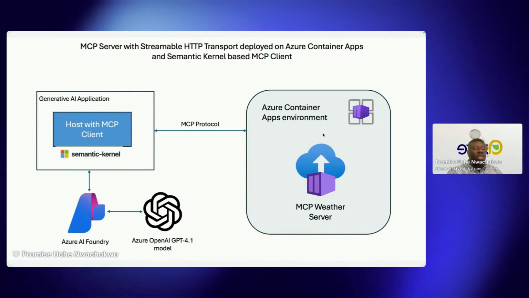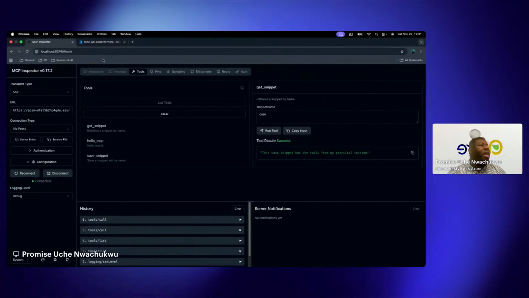Now, to show you the first angle, I want to firstly use the Model Context Protocol Inspector tool to interact with this weather app. To achieve this, let me show you what the weather app looks like.